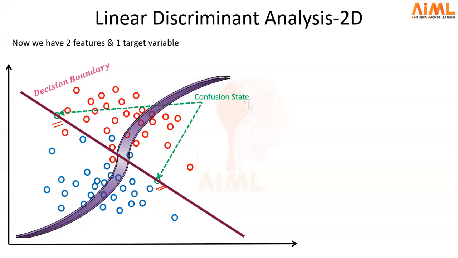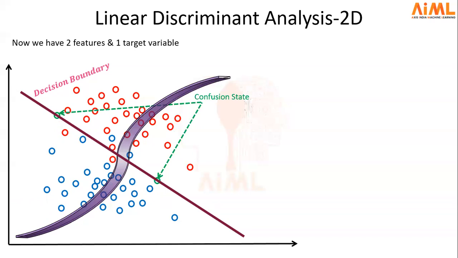Okay, so that is the confusion state. In fact, any data point lying on this decision boundary, no matter whether it lies here, here, anywhere, the classifier will not be able to perform classification, because the posterior probabilities will be the same, equal to 50%.